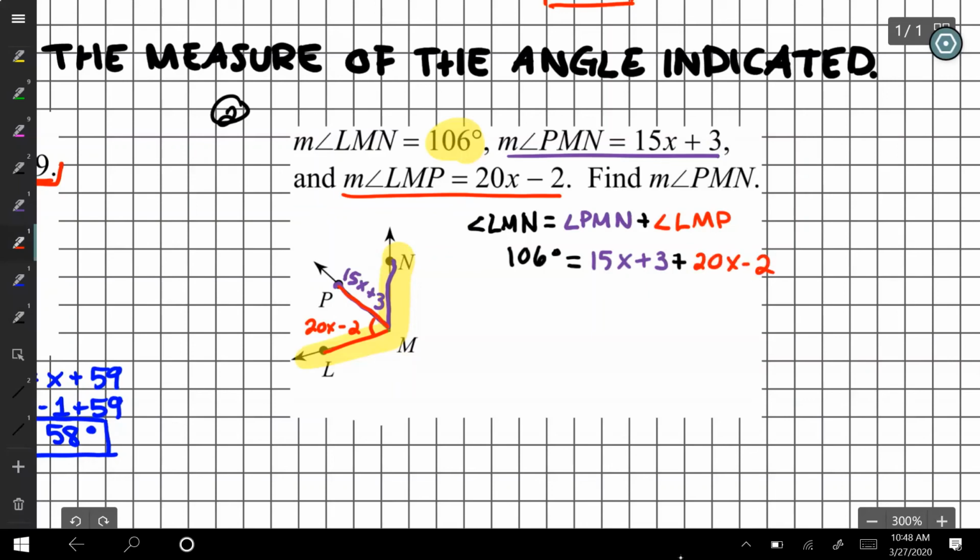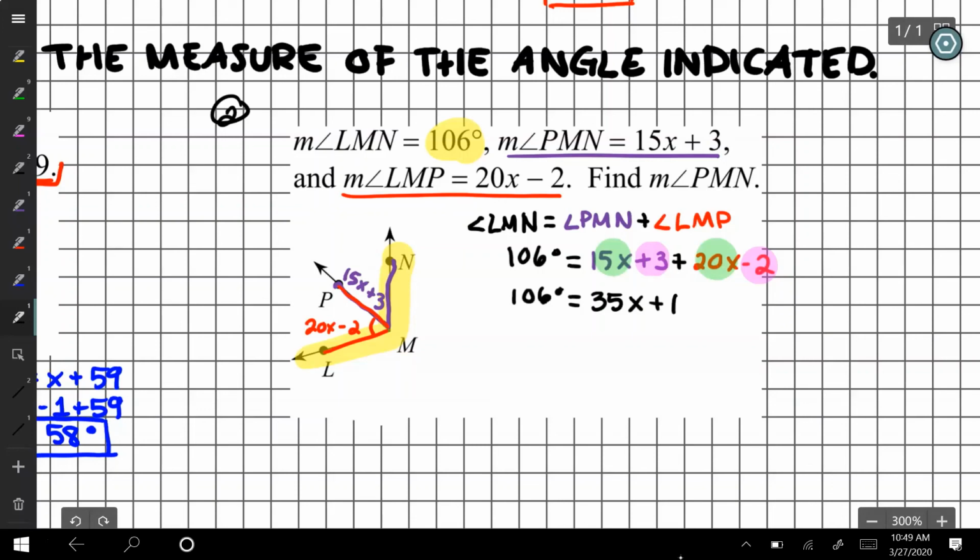Alright, we have a very similar setup to the problem we did before. So we're going to do the same thing. We're going to add all of our x's together, and then we're going to add all of our numbers together. Alright, so let's bring down that 106 because that's not changing. 15x plus 20x is going to give me 35x plus 3 minus 2 is 1.